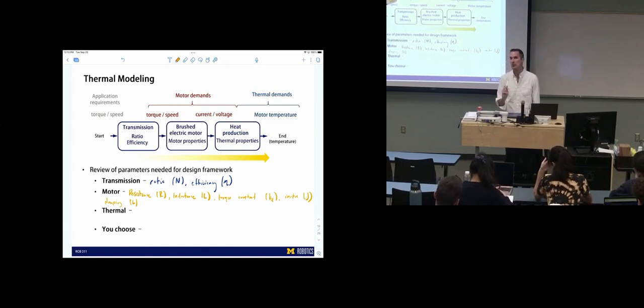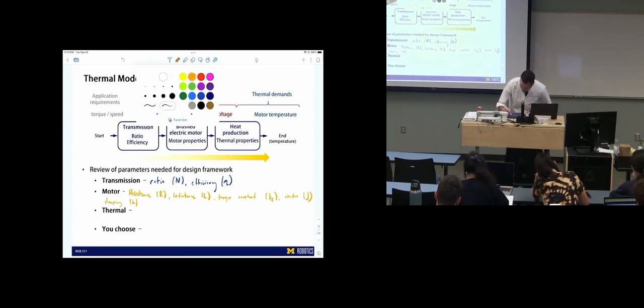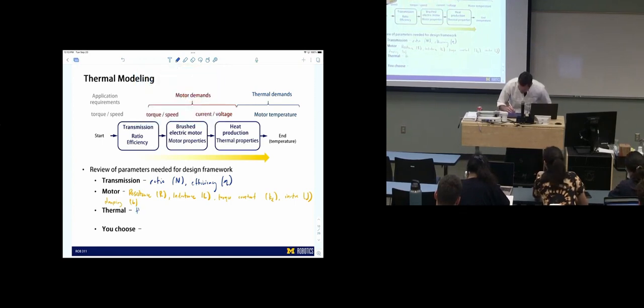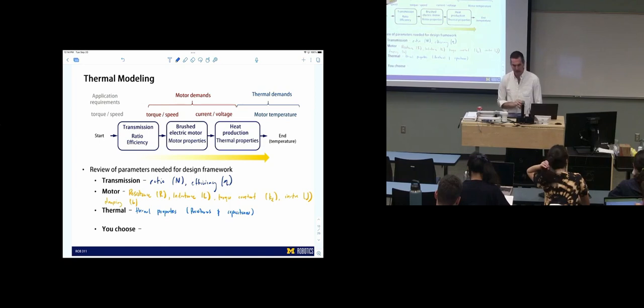But we usually try to not get to that level of modeling. So we need thermal properties, which could be resistances and capacitances or time constants.